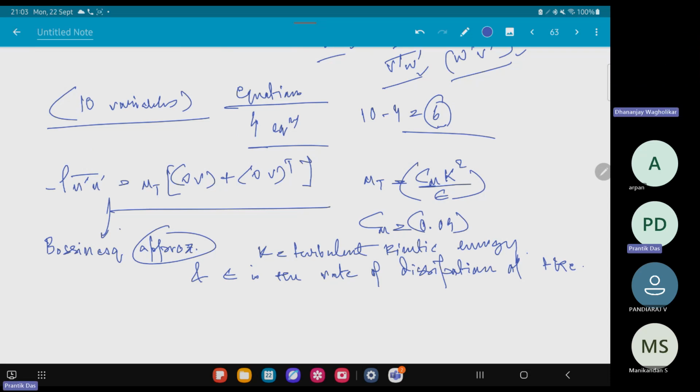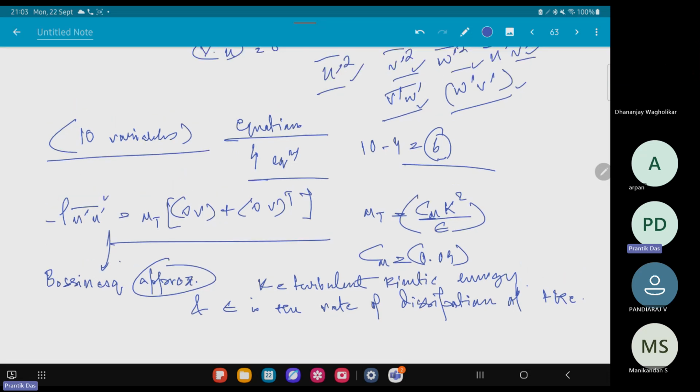So multiple approaches can be done, and that way we have an equation for every Reynolds stress. So there will be 6 extra equations. So the total number of equations will be 10, and the total number of variables will be 10. Therefore your degree of freedom is 0, and then you can solve it.